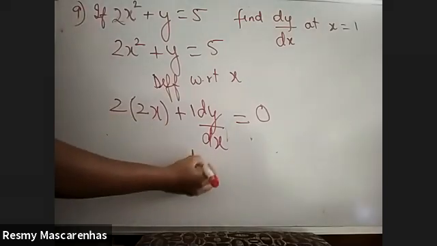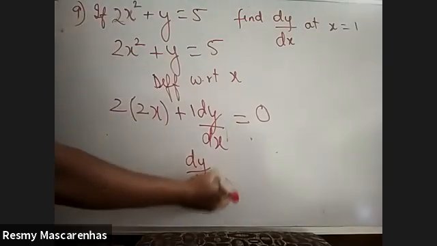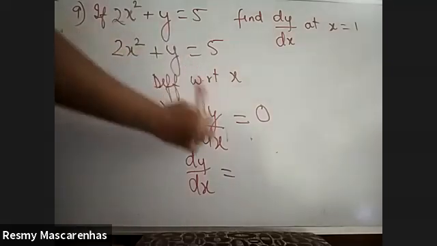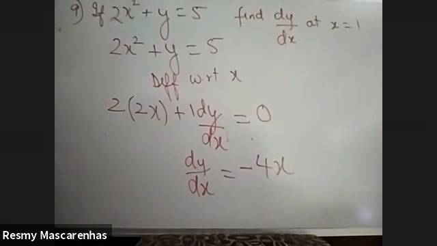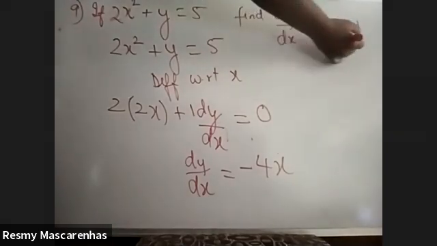Then dy by dx is equal to remaining you take on the other side, minus 4x. Okay, so dy by dx, what you are getting is minus 4x. This would be a normal dy by dx, but now something extra has been asked.